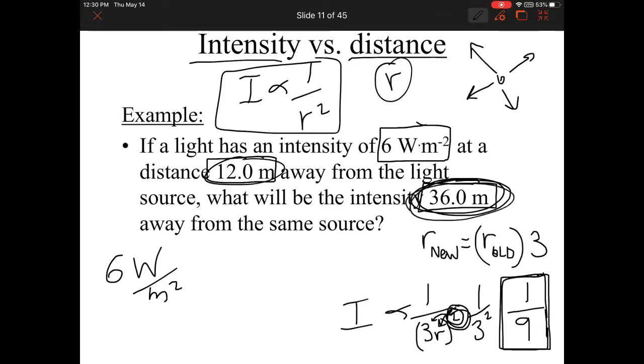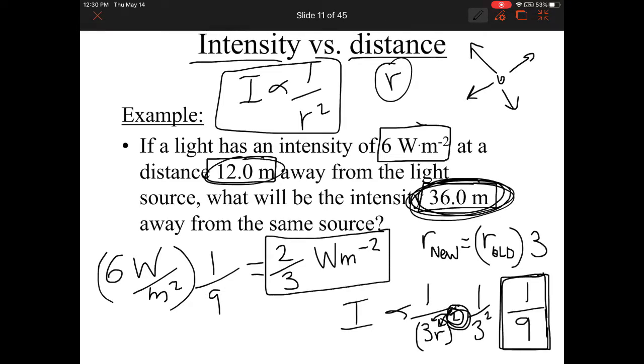At the 36 meter distance, I'm going to have only 1/9 of that intensity, which will give me 6/9 or 2/3. You could also do that as a decimal, up to you. This will be my new intensity at that spot.